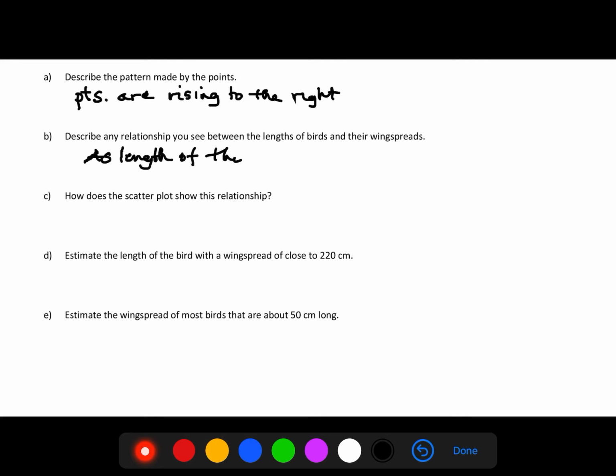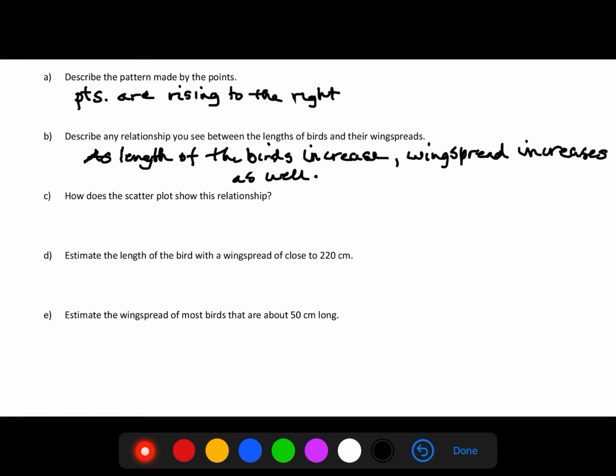When we're talking about the relationship between variables, we talk about as the variable on the x-axis increases, so as the length of the birds increases, what happens to the wing spread? Well, we notice from our graph that our wing spread is also increasing.